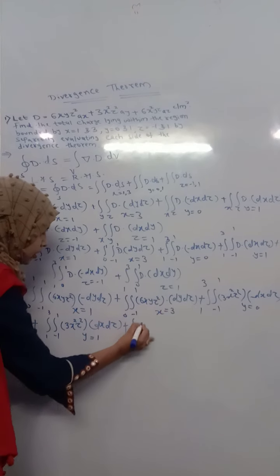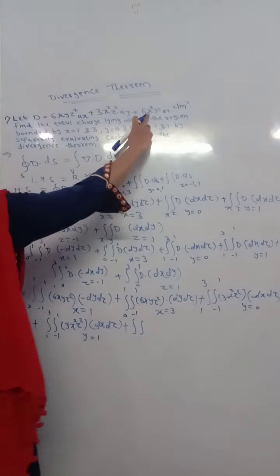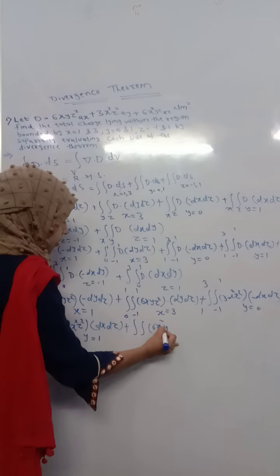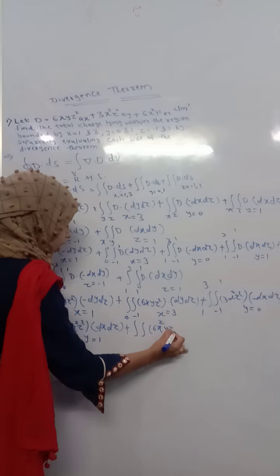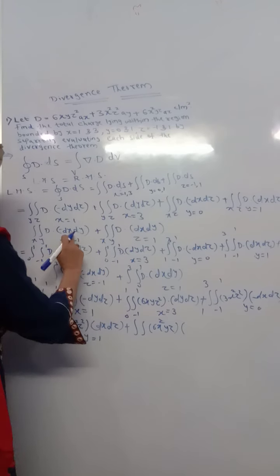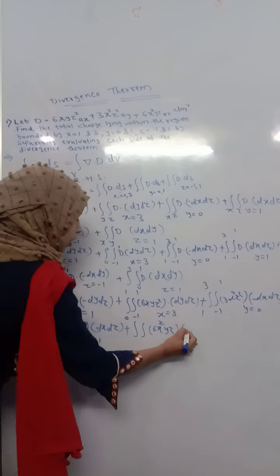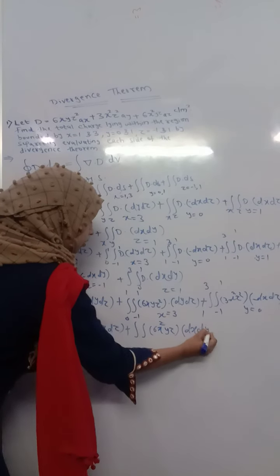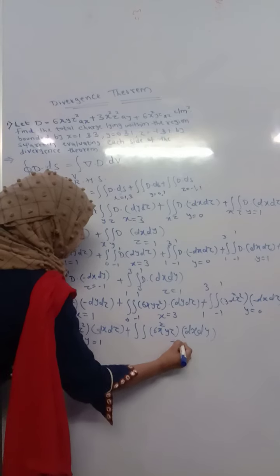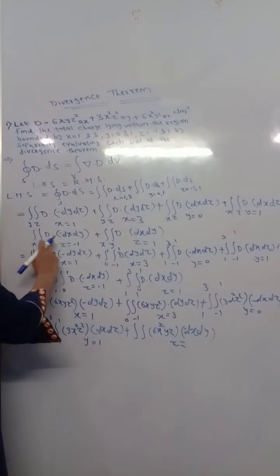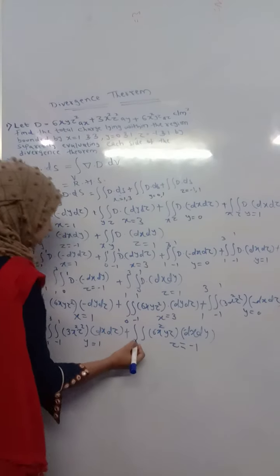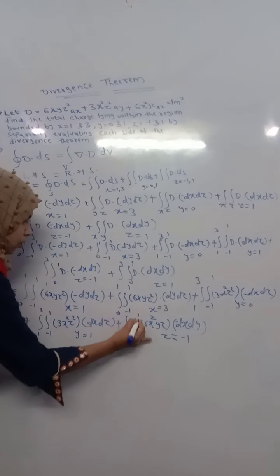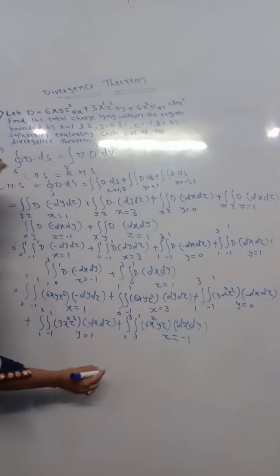Now again two things are important here. For the z part, 6x square yz, and the last part, that is dx dy, in the minus form, and at that time the z term is equal to minus 1, and the limits for the z part are 1 to 3 and 0 to 1.